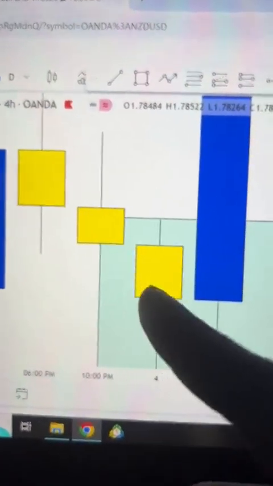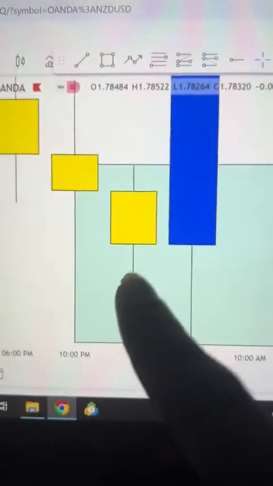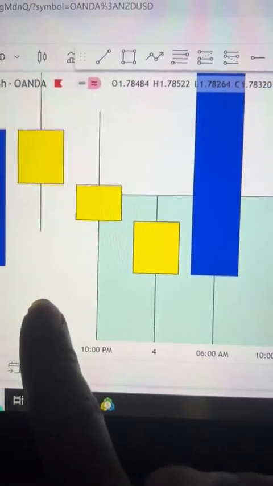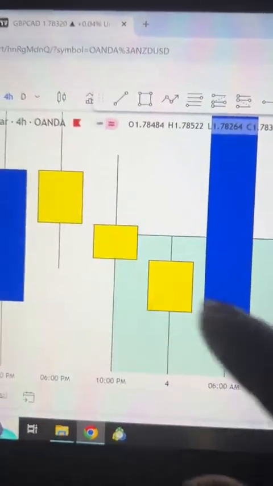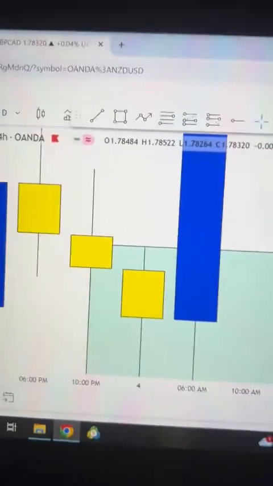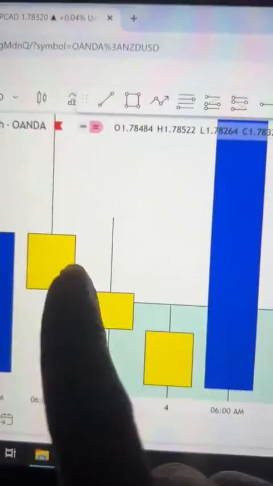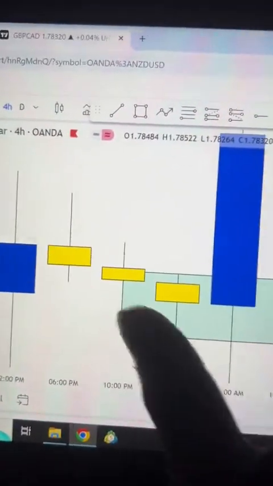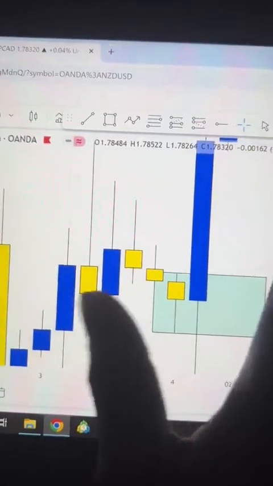However, an order block can be more than one candle. If this candle is big like this, it can be used as an order block. But if the candle is small, you can add one or two to it. You can add extra candles, but they must be the same color. That is my strategy. For example, let me zoom out. If I zoom out, you will see that the candle is getting smaller.